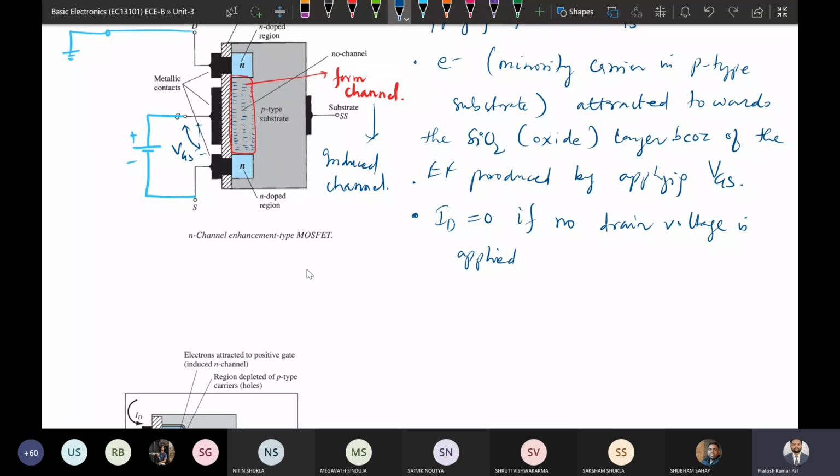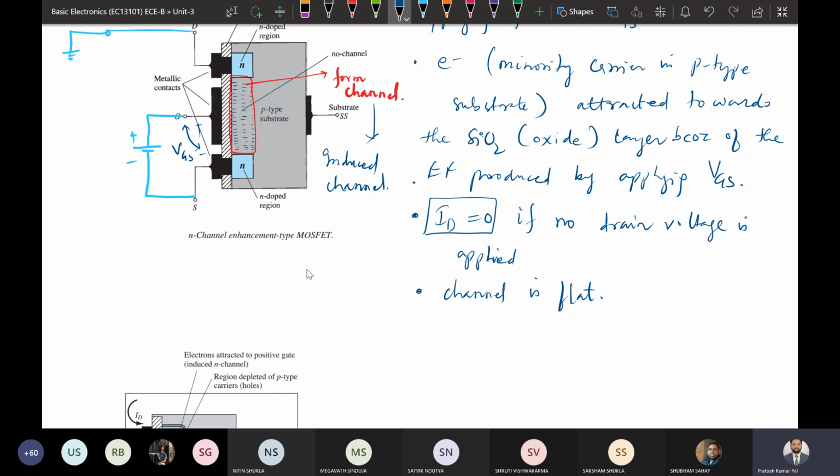Even if the channel is formed, if we are not applying any drain to source voltage, or the drain voltage is connected to zero, there will be no current flowing. The channel that is formed when no current is flowing, because of no application of drain to source voltage, is called a flat channel.